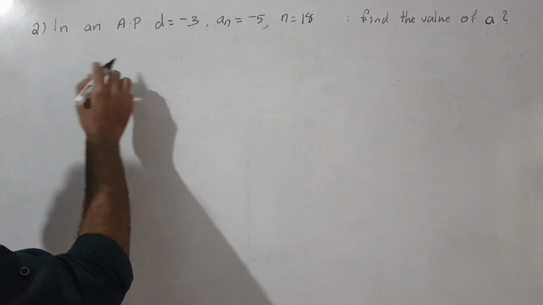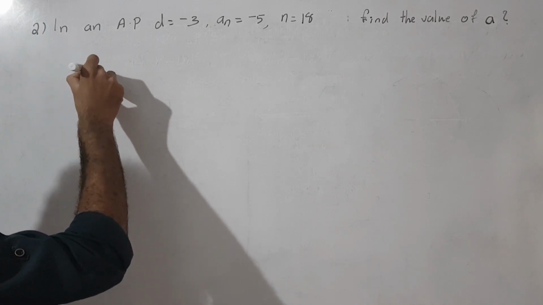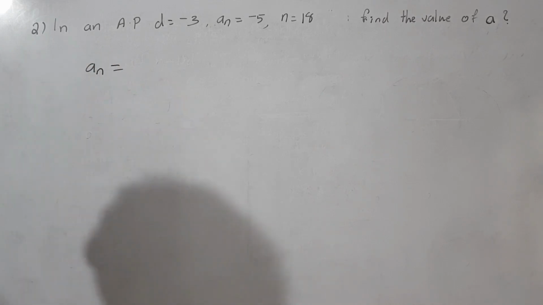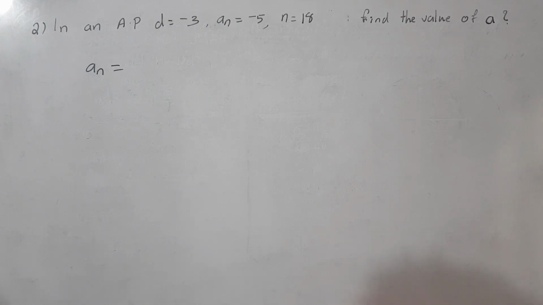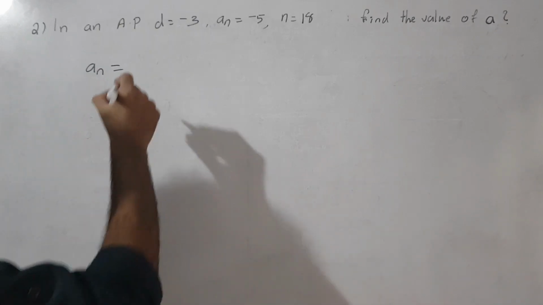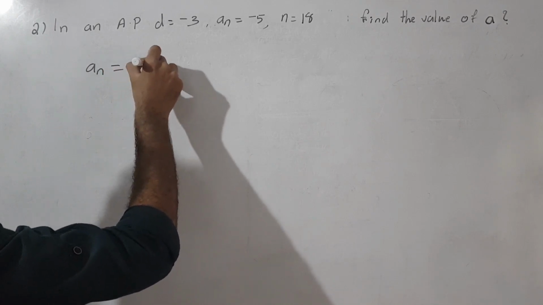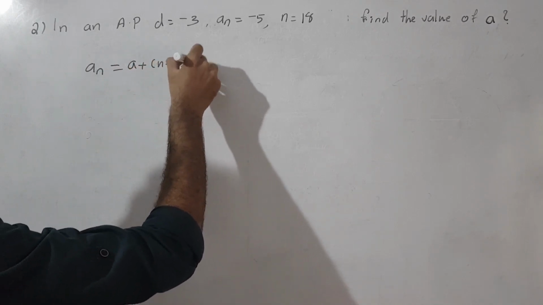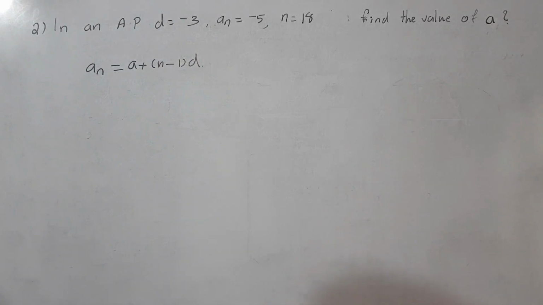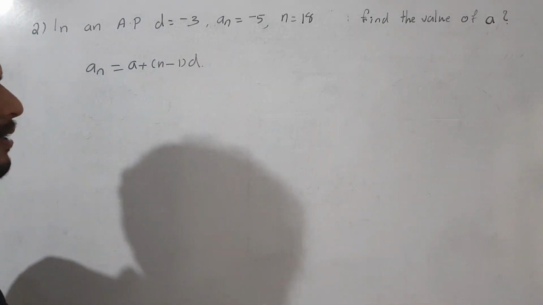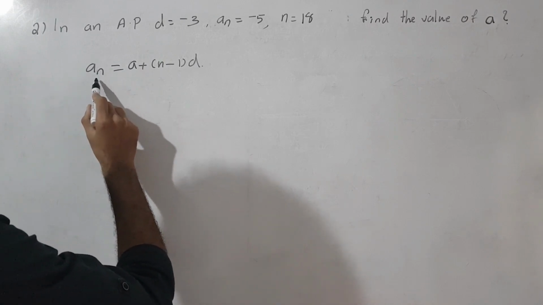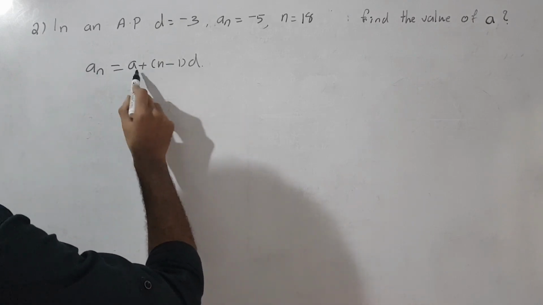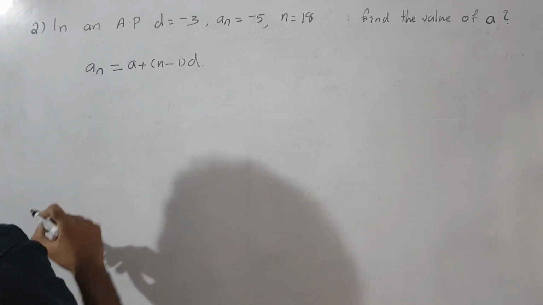Then here first we use the equation, as the question is related to terms. We have only one equation, that one is an is equal to a plus n minus 1 into d. The same equation we use to find a if an, n and d are given.